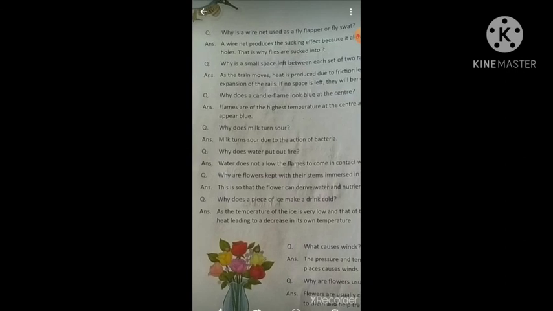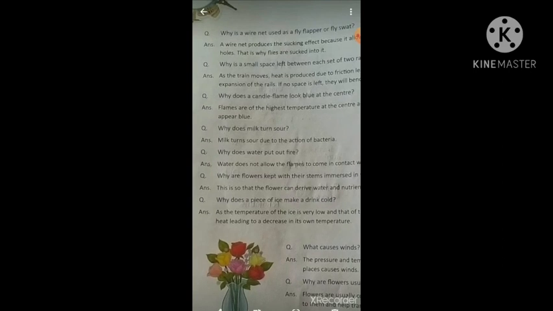The temperature of the ice is very low, below 0 degrees Celsius. That time the water is hot compared to the ice. So when we put the ice cubes in water, what will happen? This high temperature of the water reduces to a low temperature, and that way the water gets cool. So this is the phenomenon behind making the drink cold.